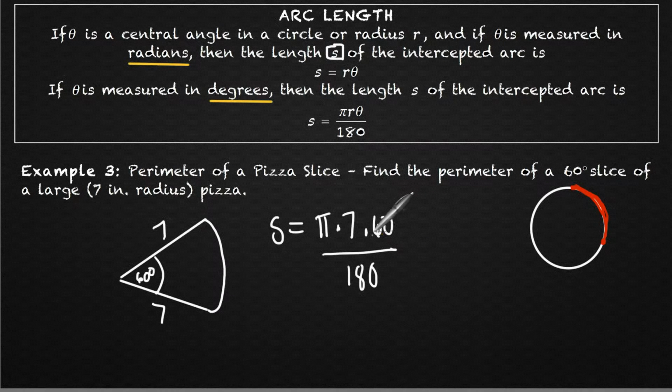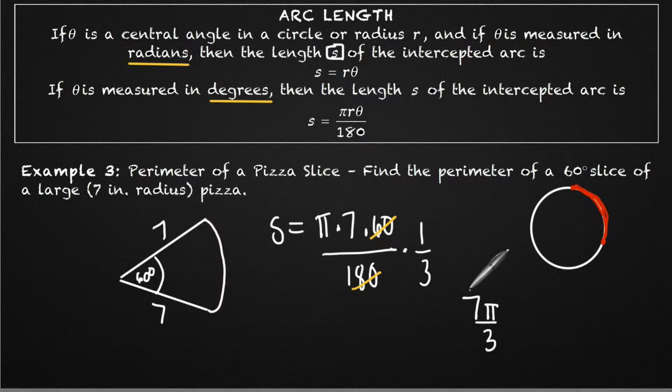So we're going to go ahead and just cancel those out, and we can put 1/3 in its place. So this is going to be 7 pi over 3. All right, so 7 pi over 3. And that's just going to be the length of this part.